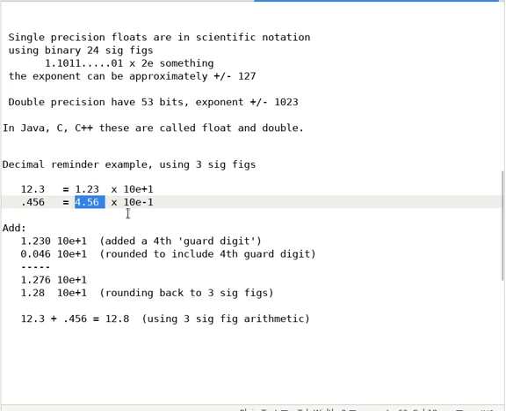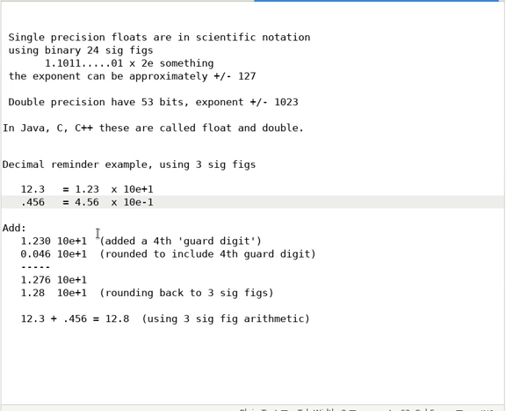If I want to add these, I got to adjust the exponents to line them up, right? So that's 1.23 times 10 to the 1 plus 0.04 times 10 to the 1. Okay, I've got to adjust that to be 10 to the 1.